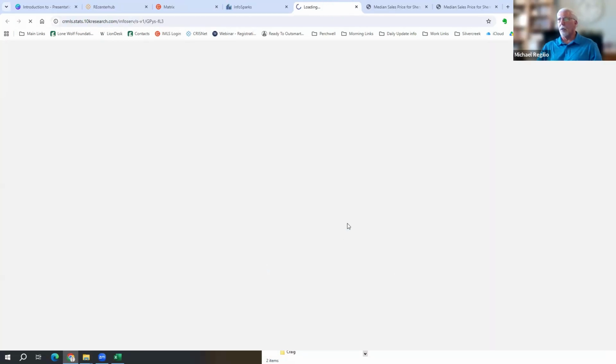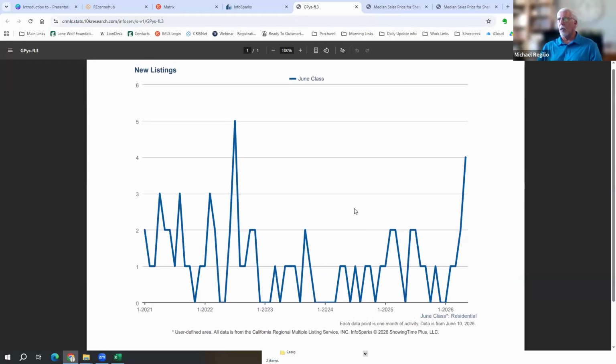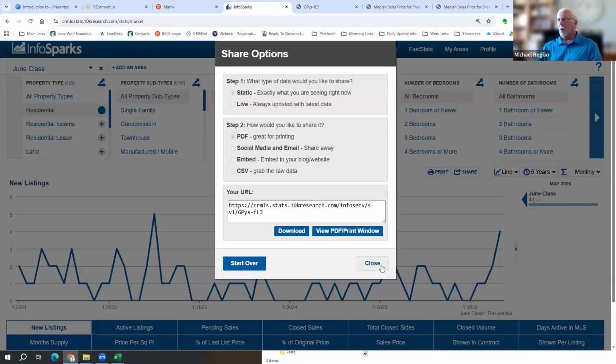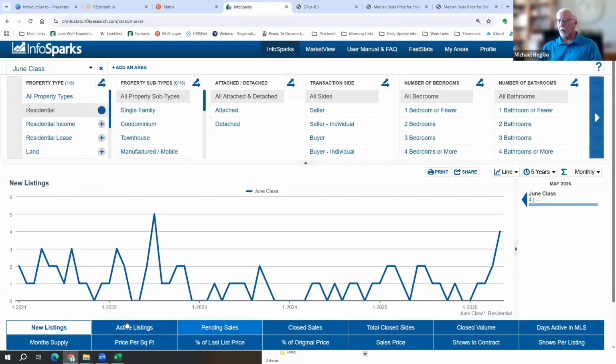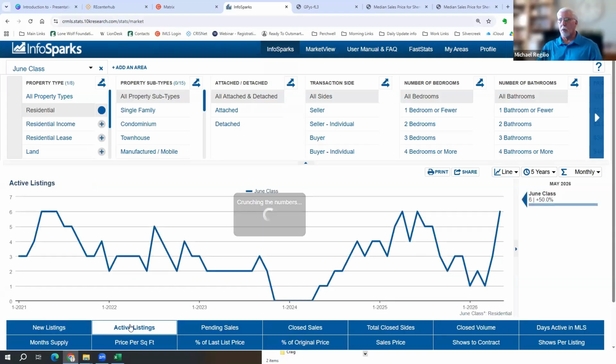It will create a different chart for each one of these different analytics. It doesn't combine them, so you pick and choose the ones that are most applicable to the situation that you're working with here.